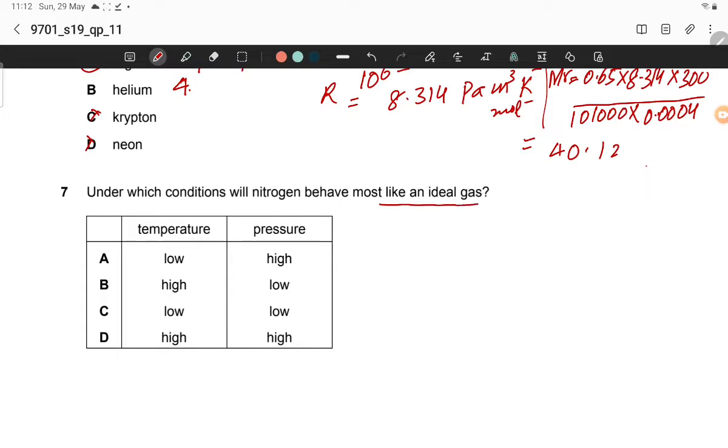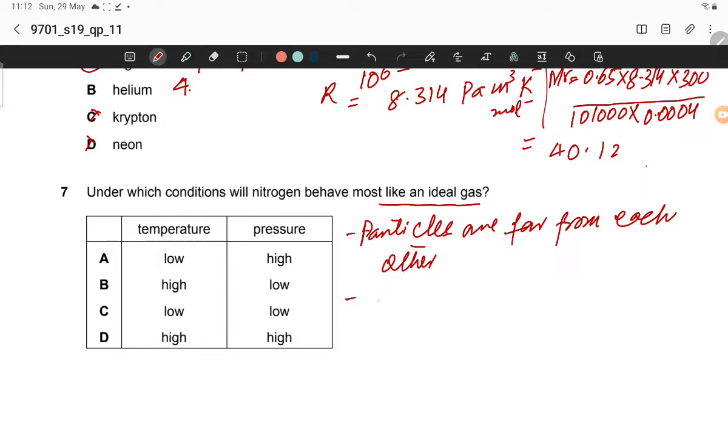An ideal gas has particles far off from each other, insignificant volume, and insignificant intermolecular forces.